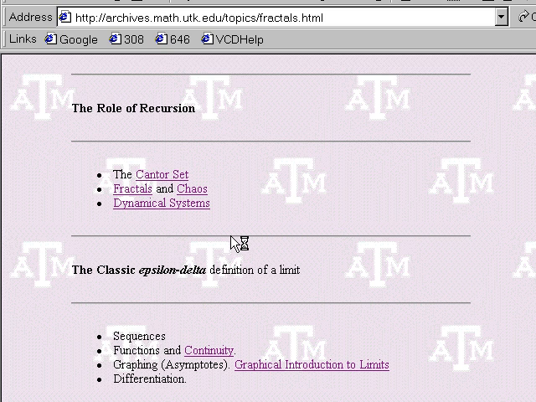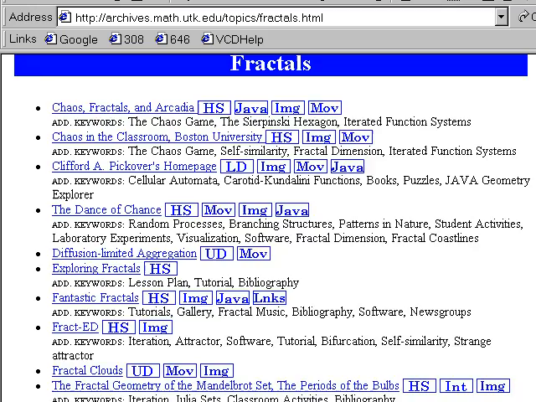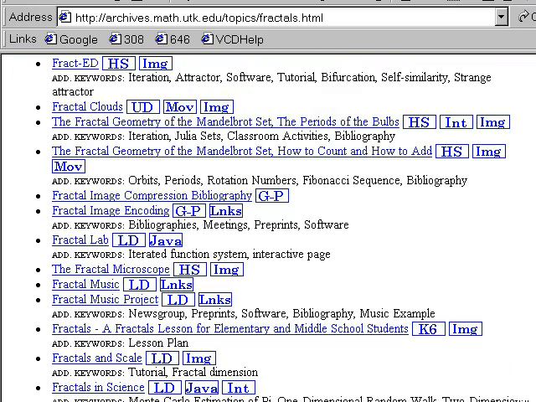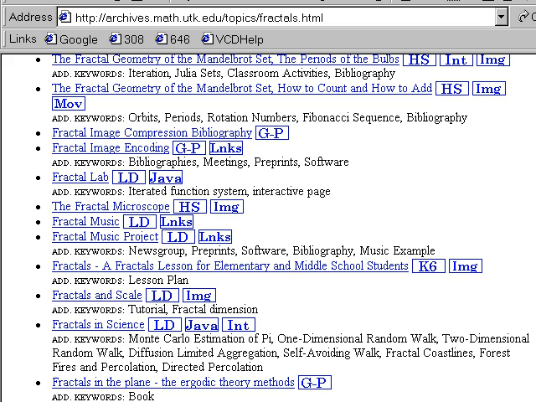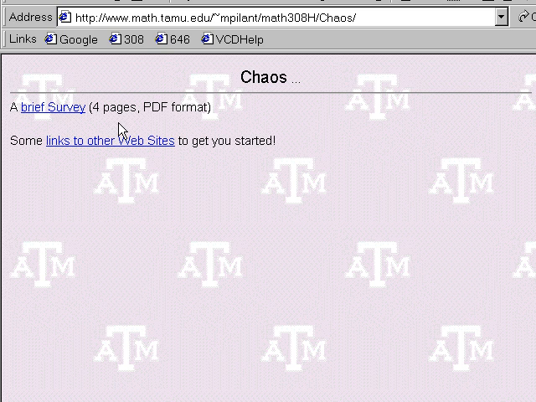Okay, let's do some applications here. The fractals, the links to fractals, there's a ton of them here. I won't even go through any of them. I'll just let you explore those on your own. I've written some notes. This is a little PDF that you can print out.